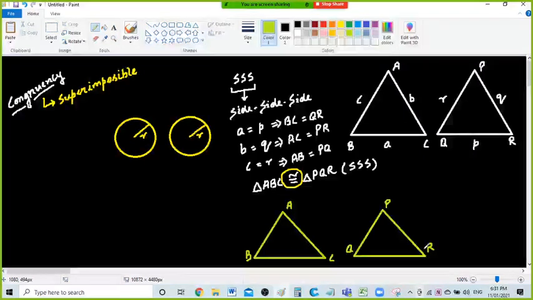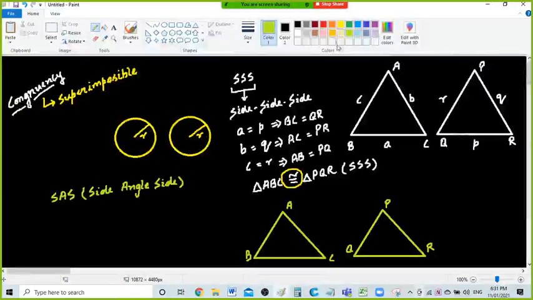Now this time I'm going to discuss a rule that is SAS. Let me write it for you. This stands for side, angle, side, right?